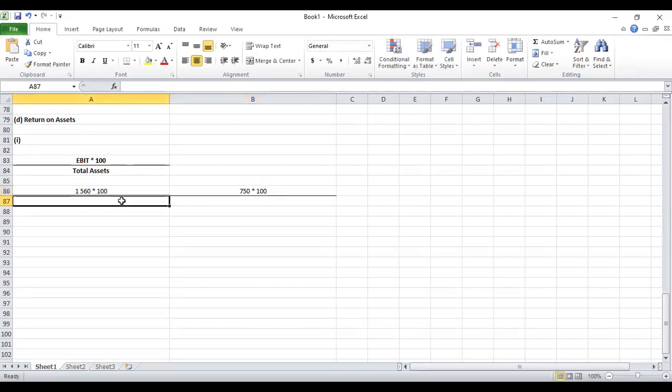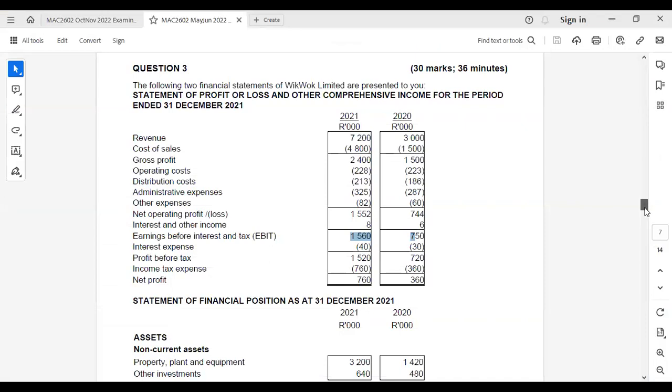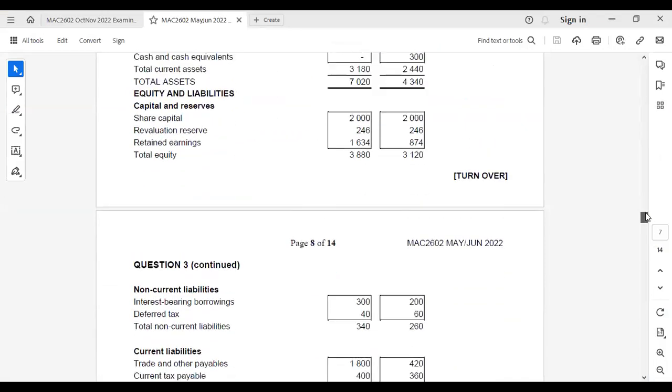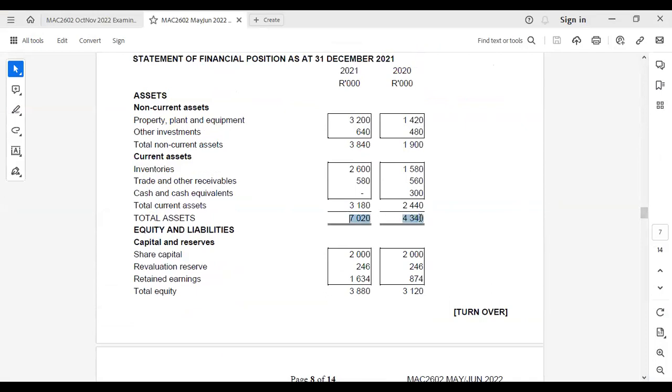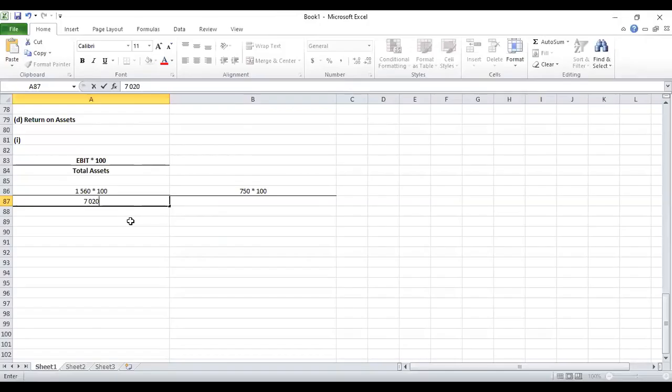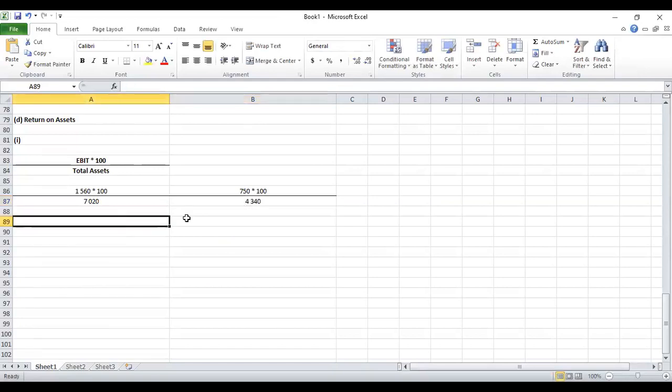Then our total assets... What do we get? 22.22 for 2021 and 2020 17.28.